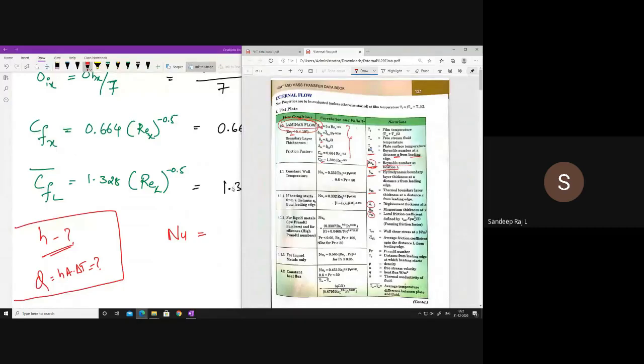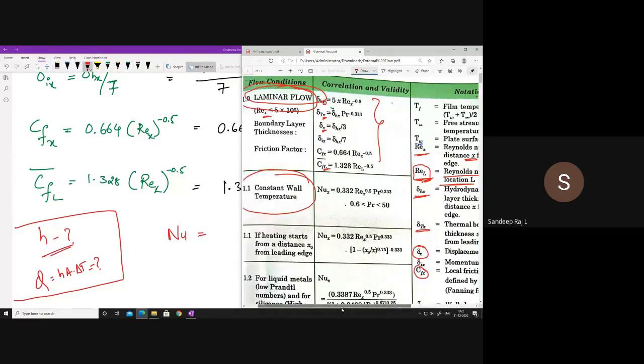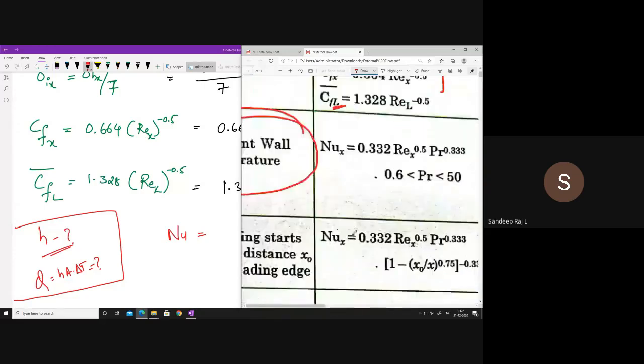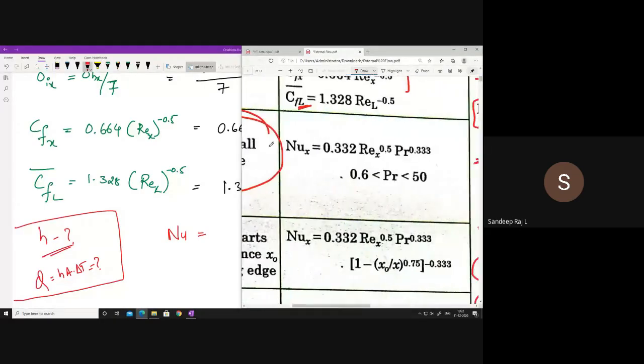See here, two cases we will remember very clearly. That is constant wall temperature case and constant heat flux case. So the constant wall temperature case formula is here. This one, Nux is equal to this whole thing. I will write this here.